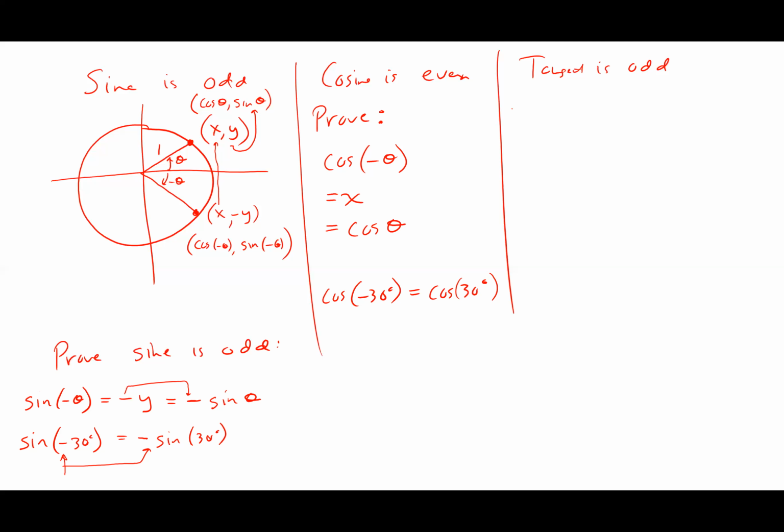Okay, can we prove this guy? I'll let you guys think about it here. Go for it. This is one of those, hey, let me think what the definition of tangent is, and how I prove it.